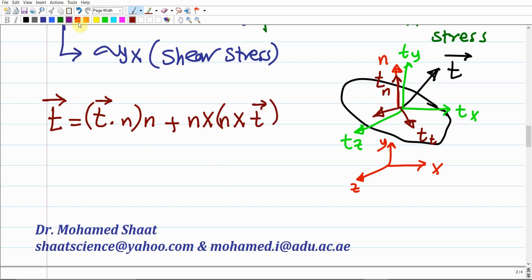Make sense? This is like when you decompose the stress tensor into symmetric and skew-symmetric parts, but since this is a vector, we decompose it into a normal component and a tangential component.